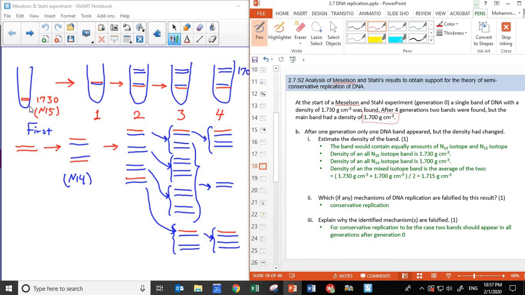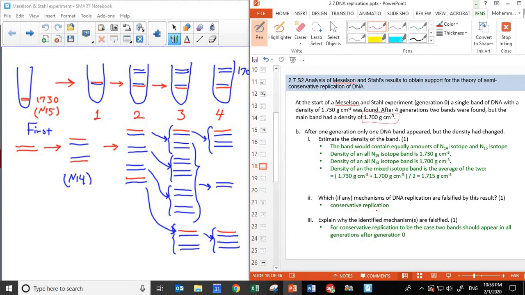So we have 1.730 and 1.700. It's really easy to calculate the middle one by simply getting the average of these two. So the answer would be 1.715, the density of the middle band.